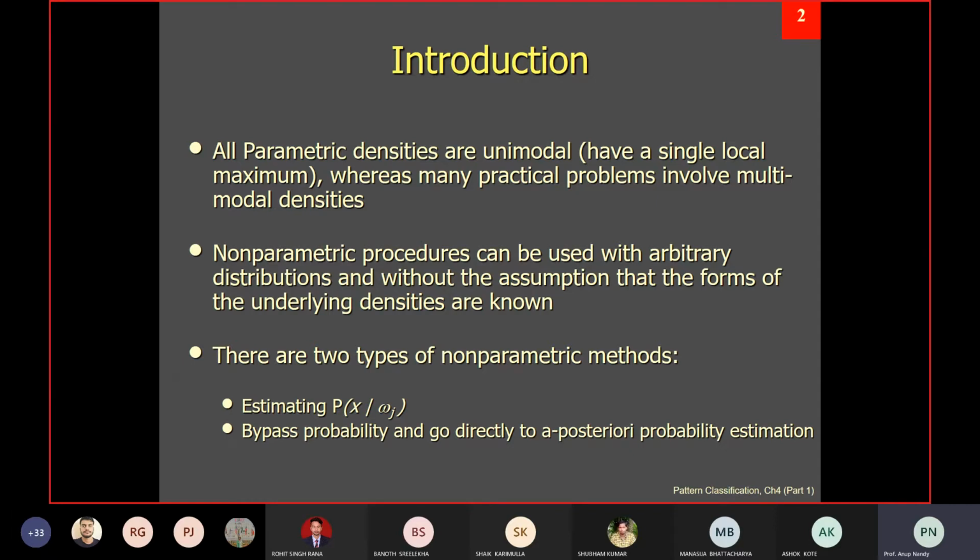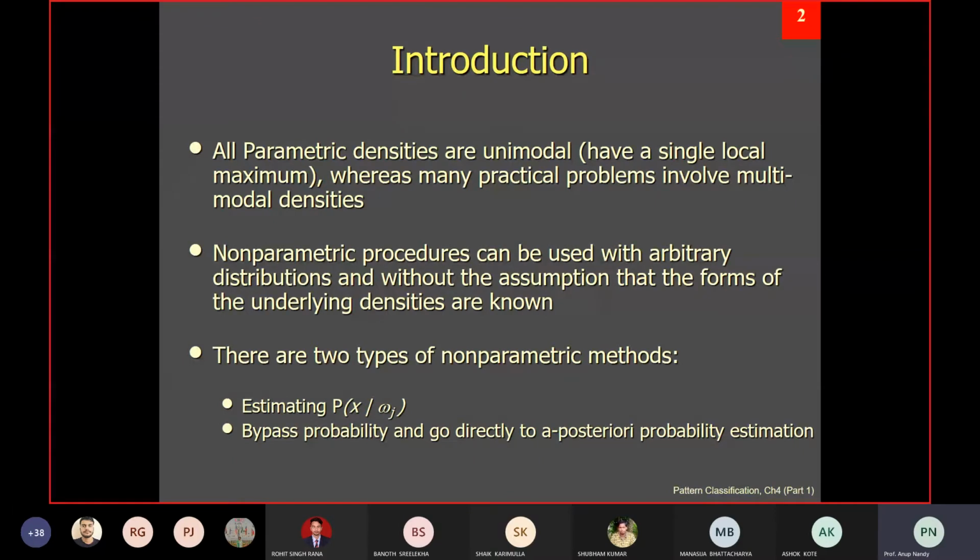In most machine learning applications, a common practice is that common parametric forms rarely fit the density.